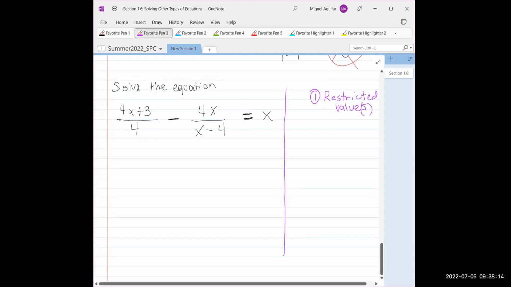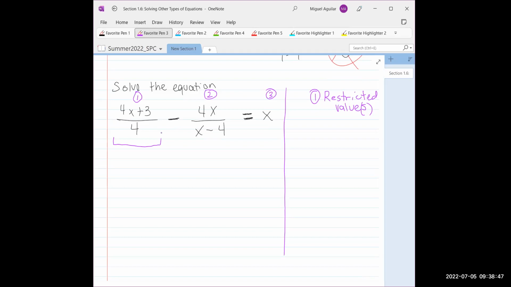The first thing we need to do is look at each term. I like to number the terms. When I say term, I just mean that big chunk of information that looks like a fraction. Another way of distinguishing the terms is they're the things separated by the plus or minus sign. So this fraction, even though it's big and overwhelming, is a single term: 4x plus 3, a polynomial, divided by 4.